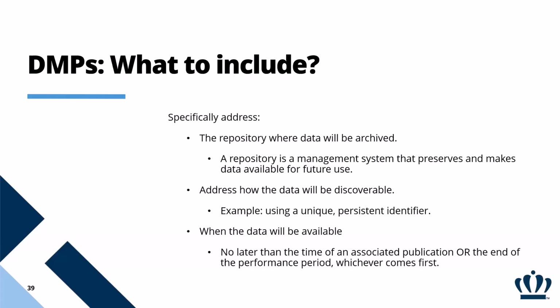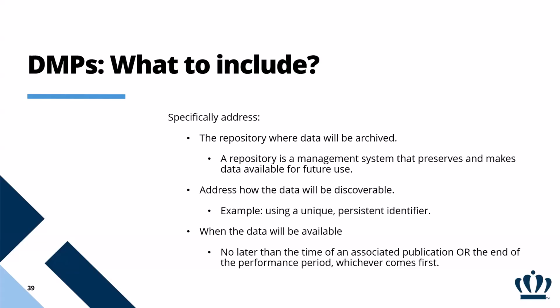They want researchers to specify a particular repository or repositories where the data will be stored, how the data will be identified. And they specifically say that the data should be available no later than the time of an associated publication or the end of the performance period, whichever comes first.